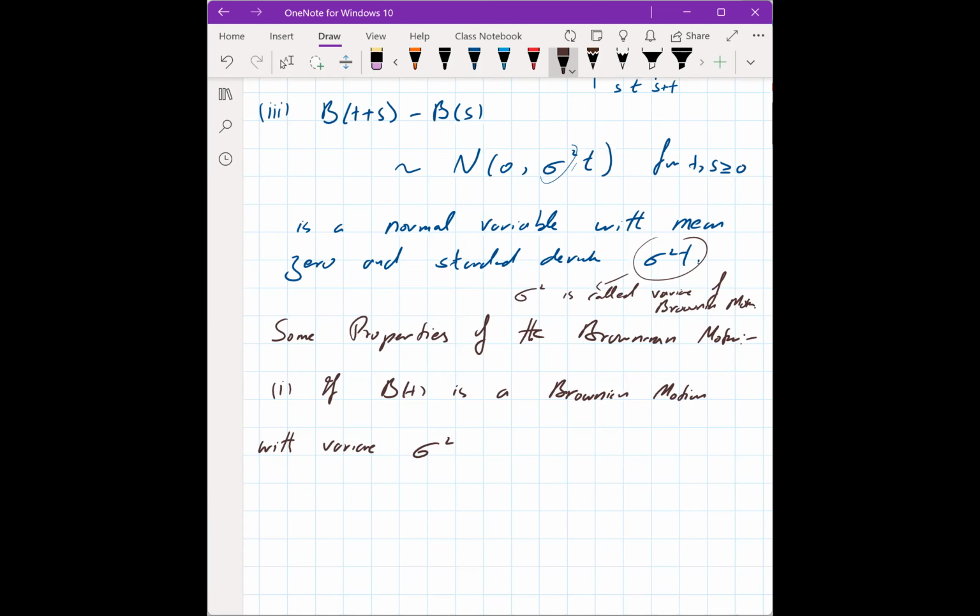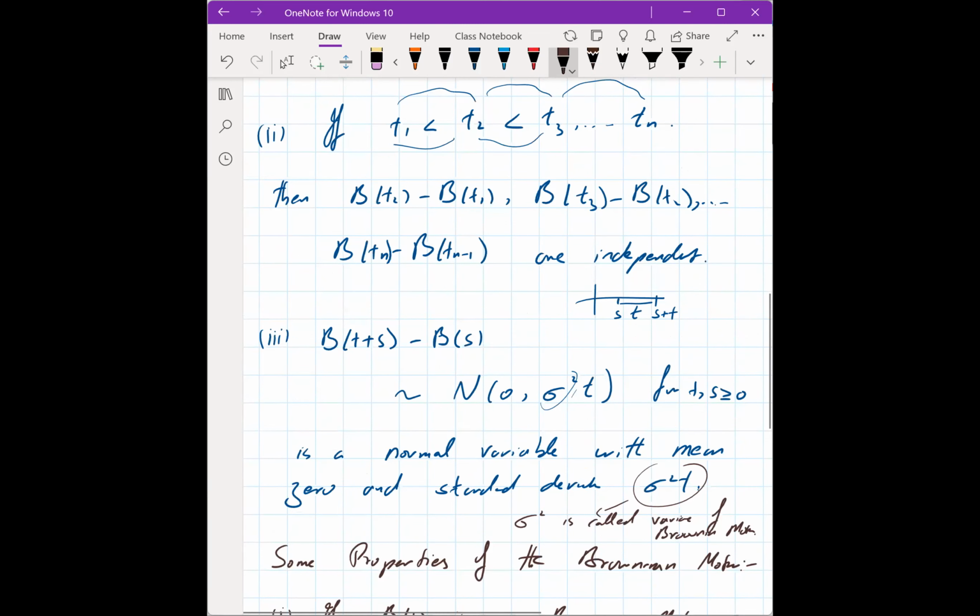Because if this interval is larger, then the variance of the normal step which you're going to expect is going to be large. But that depends on this t. So the inherent property of the Brownian motion itself is described by this sigma.